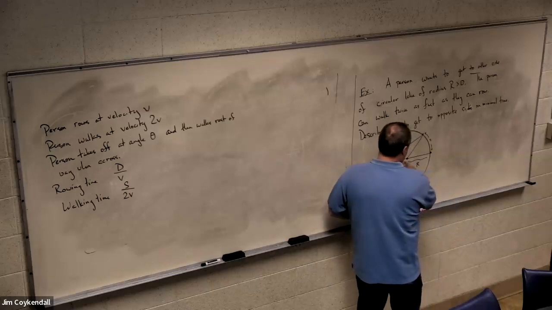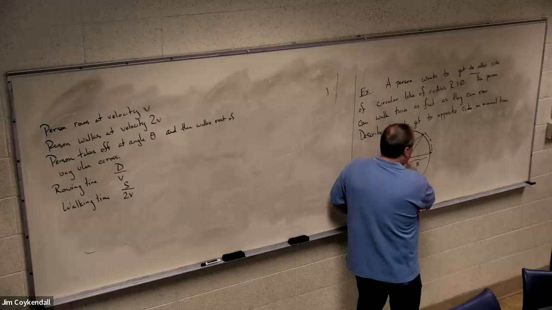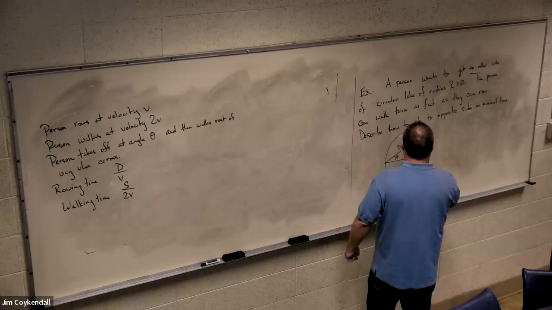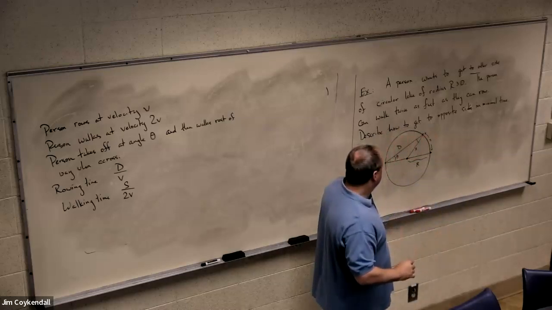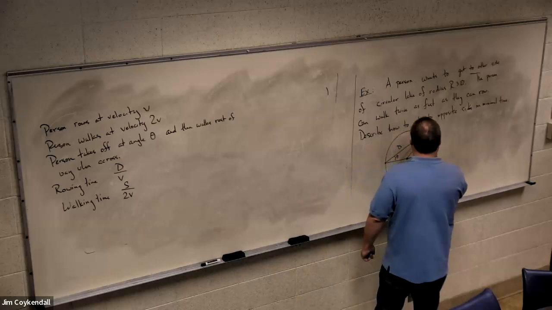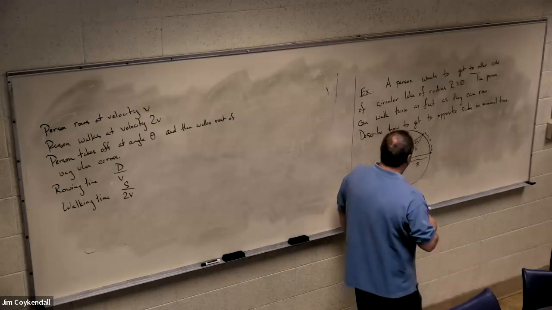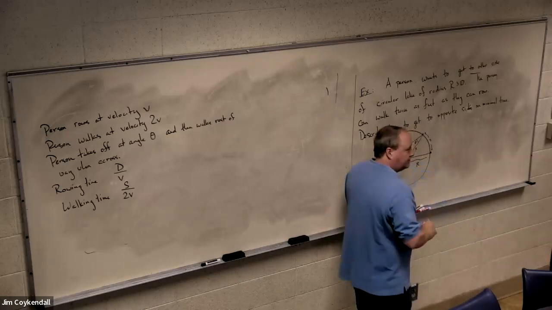What's the length of this from here to here? It's the radius of the circle, right? What's the length from here to here? Radius of the circle. So this is also R right here. What's this angle? Anybody tell me? Exactly. It's exactly the same as the other one. So, anybody now tell me what this angle is?